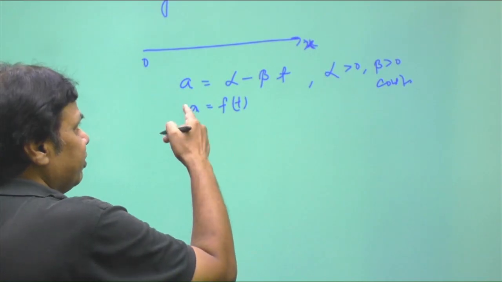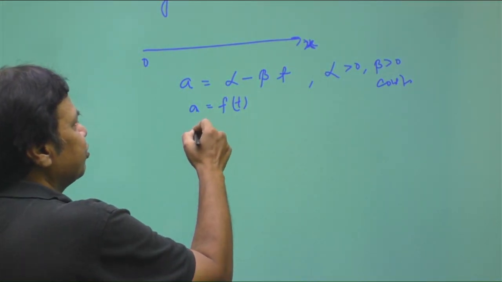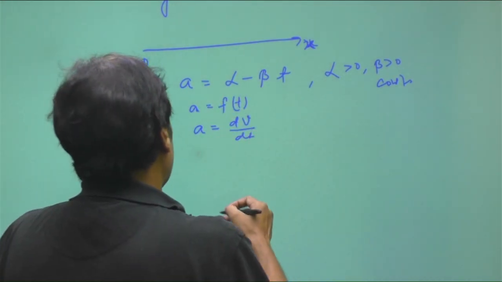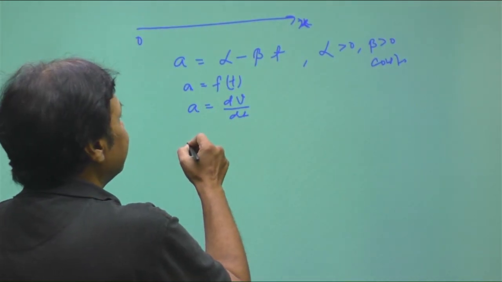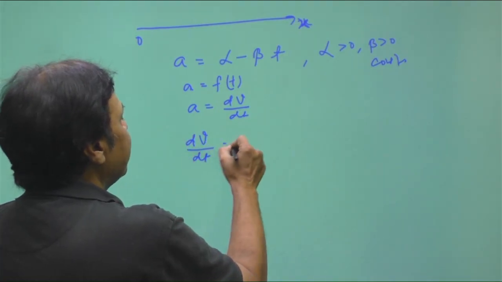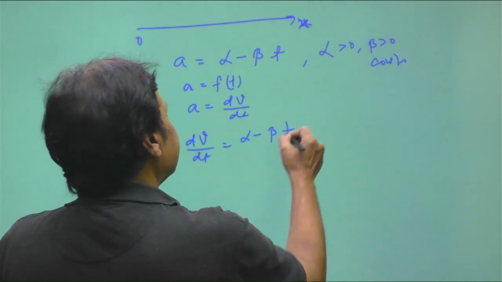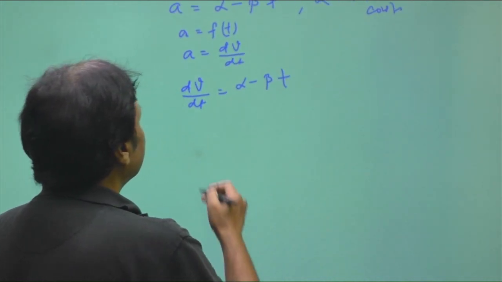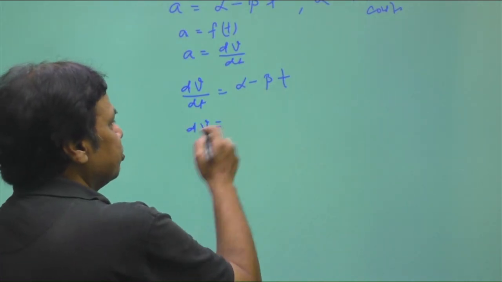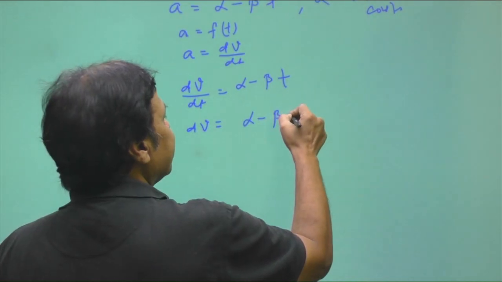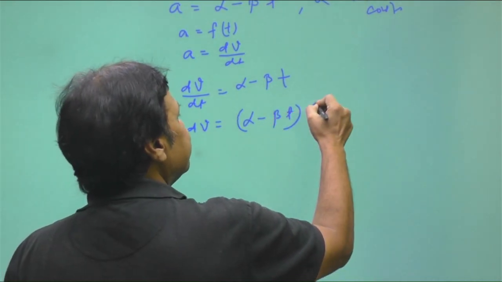And to find the velocity as a function of time, you should replace a by dv upon dt. And you can write equations as dv upon dt equals alpha minus beta t. One more step. To separate the variables, you can write dv equals alpha minus beta t dt, and you can integrate them.